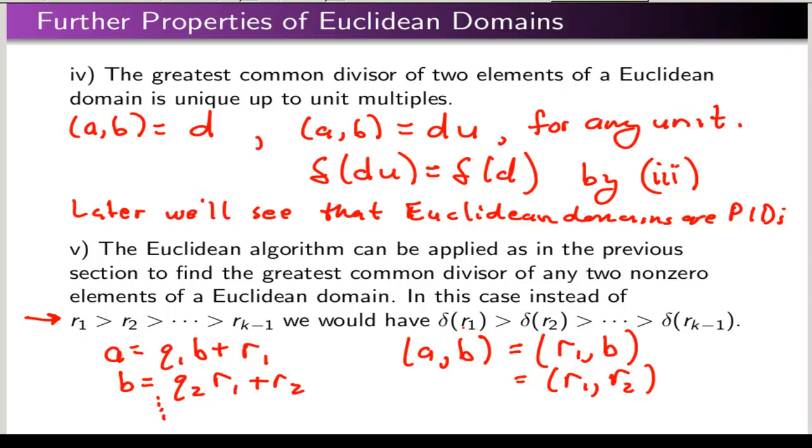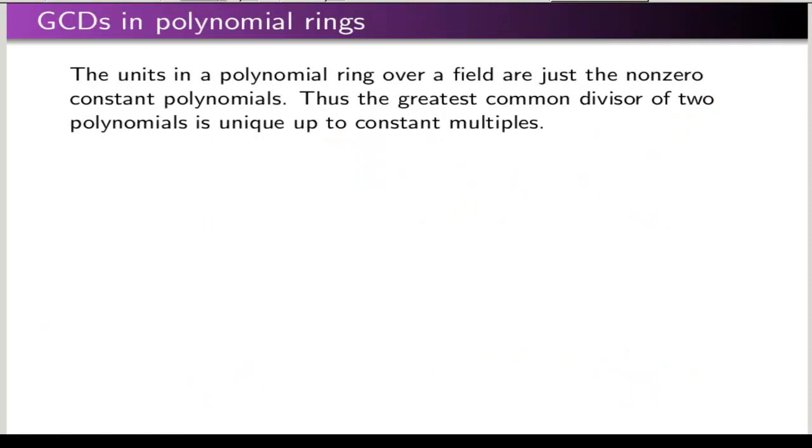With a Euclidean domain, we have a strictly decreasing sequence of delta values, because at each stage, delta of R1 is less than delta of B, delta of R2 is less than delta of R1, and so we get this monotone decrease in a sequence of positive integers, so it has to terminate.